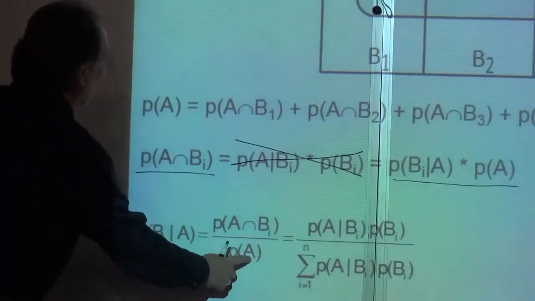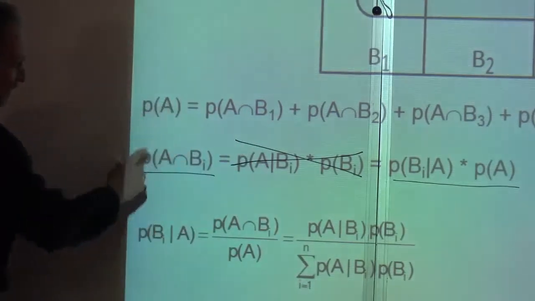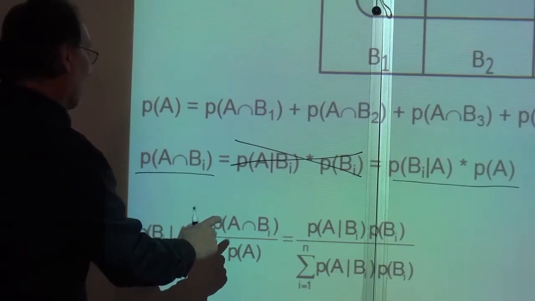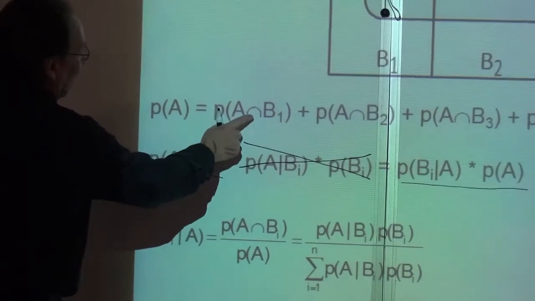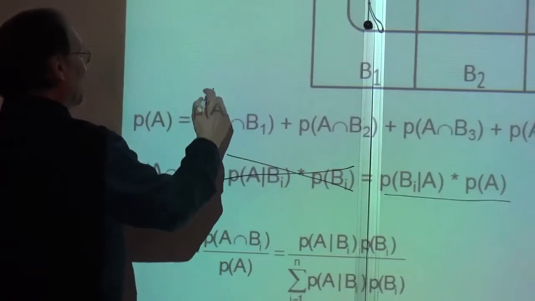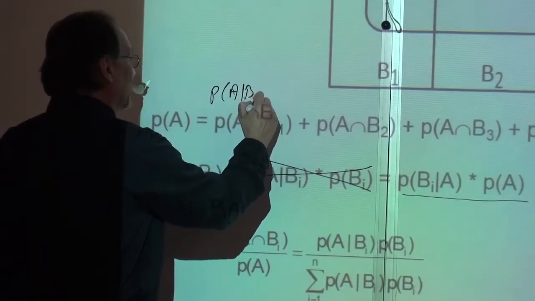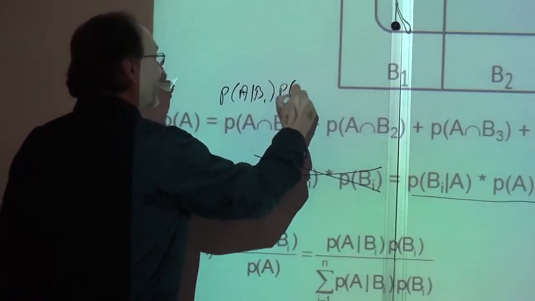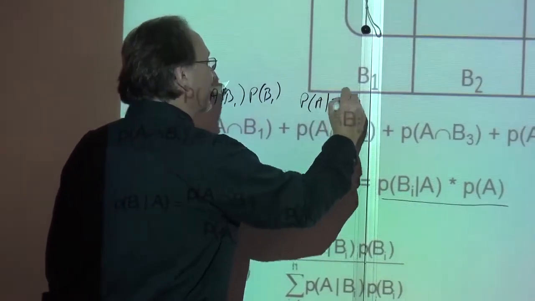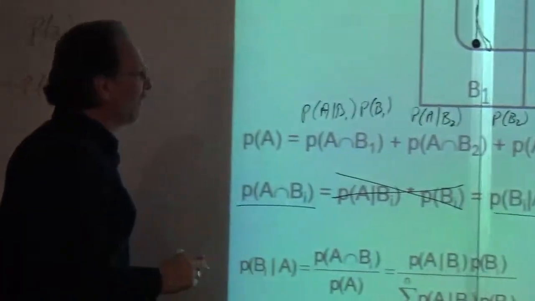And I know the probability of A, if we take each one of these intersections here and substitute for each one of these, is the probability of A given B sub 1 times the probability of B sub 1, plus the probability of A given B sub 2 times the probability of B sub 2, and so on for B3 and B4.